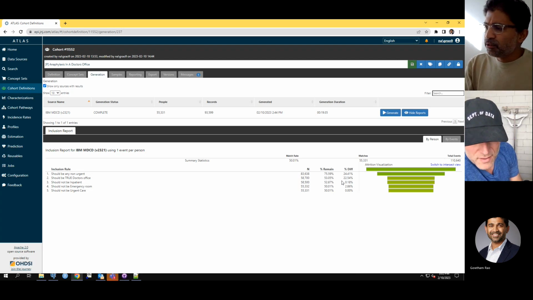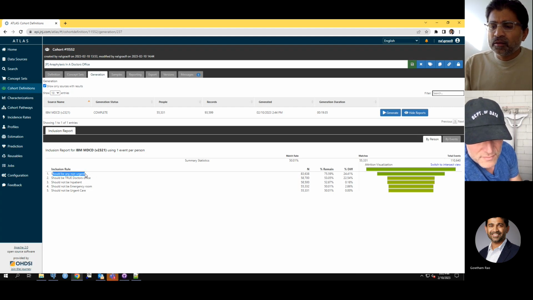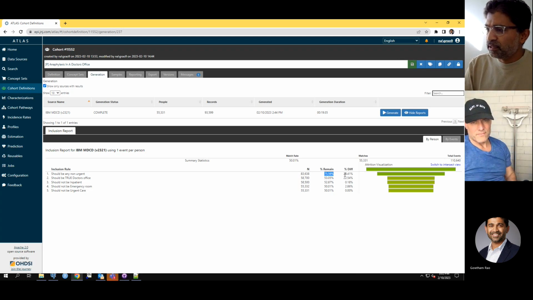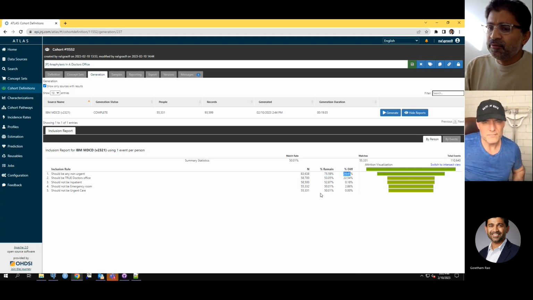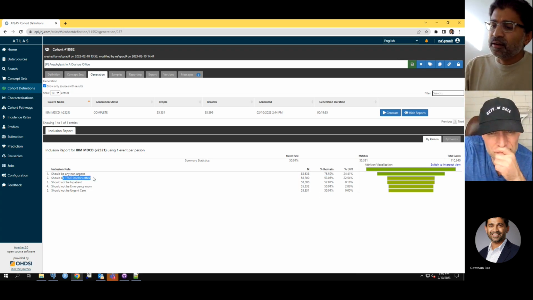Yeah, so now what we're observing is after applying this, the rule of outpatient visit, we lose about 24%. Then we apply another rule, which requires it to be a physician's office.